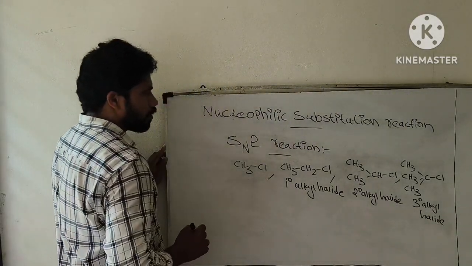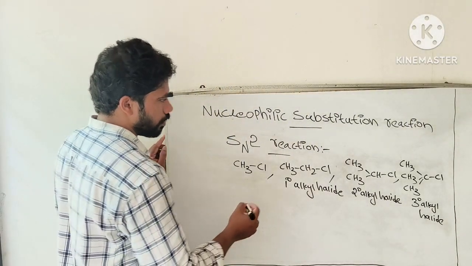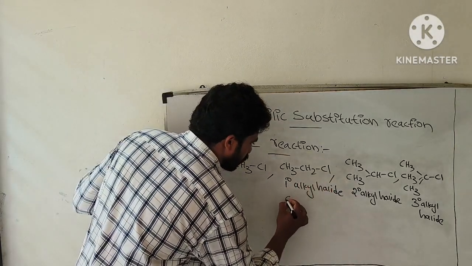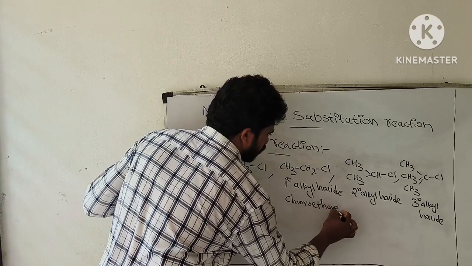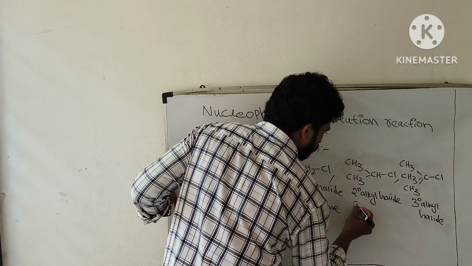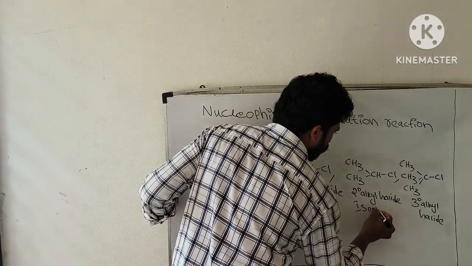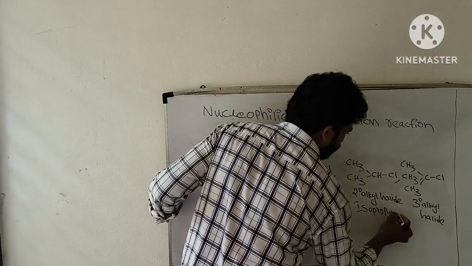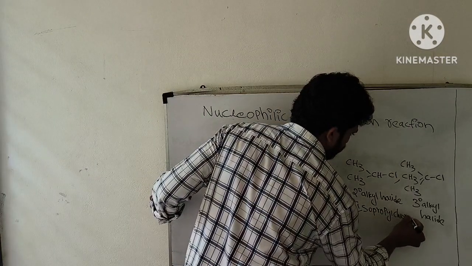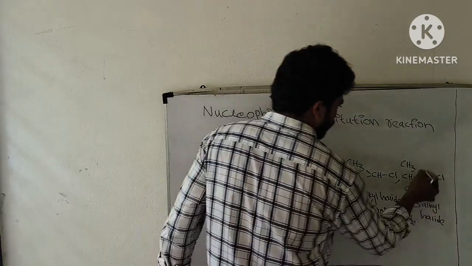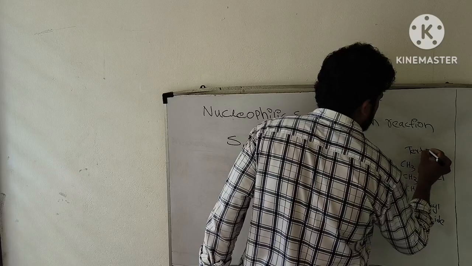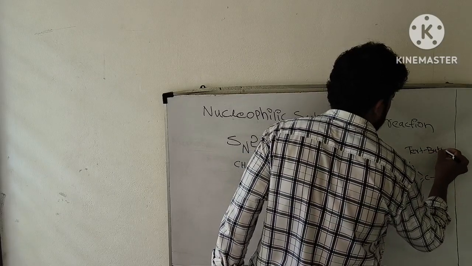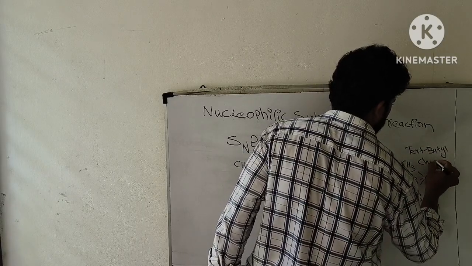It is chloromethane or methyl chloride, and it is chloroethane. This is isopropyl chloride. The last one is tertiary butyl chloride.